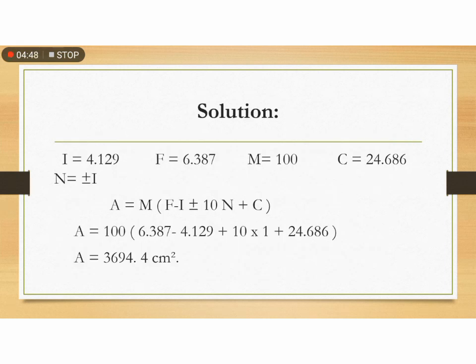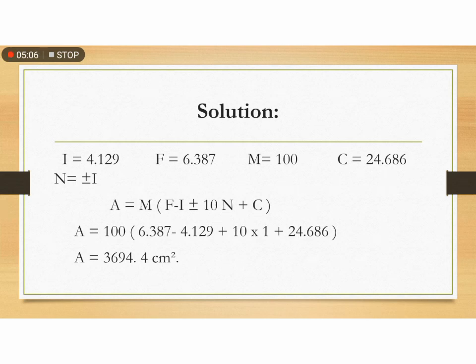So for the solution, I equals the initial reading, 4.129, and F equals 6.387.